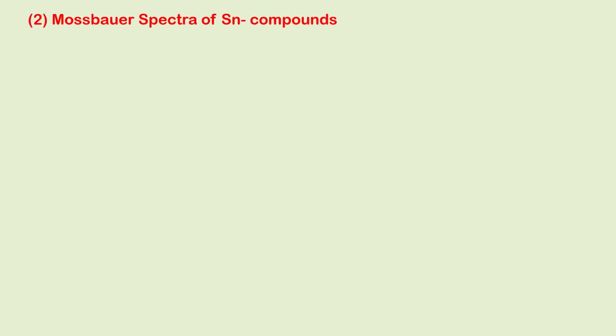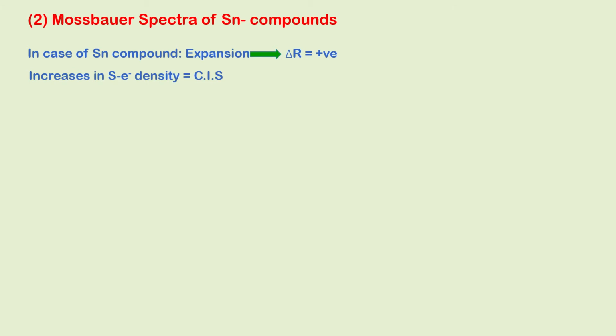Next, Mossbauer spectra of tin compounds. In case of tin compounds, there is expansion, so the value of delta R is positive. Here an increase in s electron density increases CIS. An increase in d electron density decreases CIS. Exactly the reverse of Fe compounds.